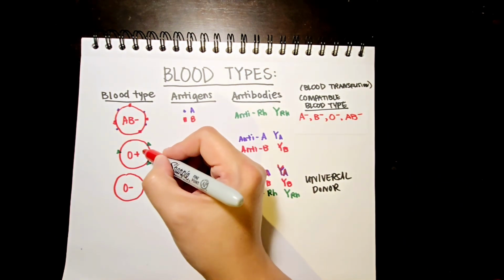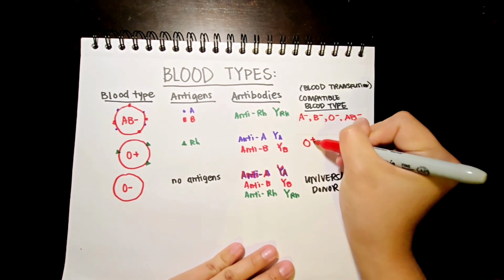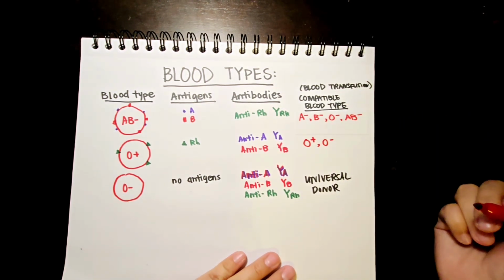If you're O positive individual, you can only receive from O positive or O negative. Why?